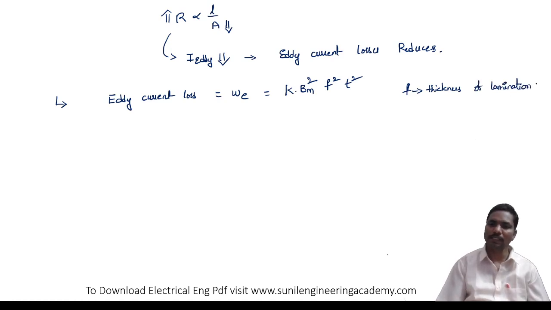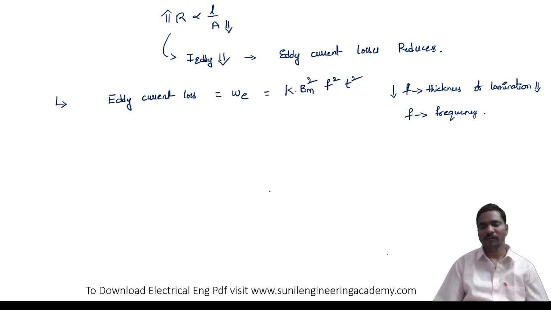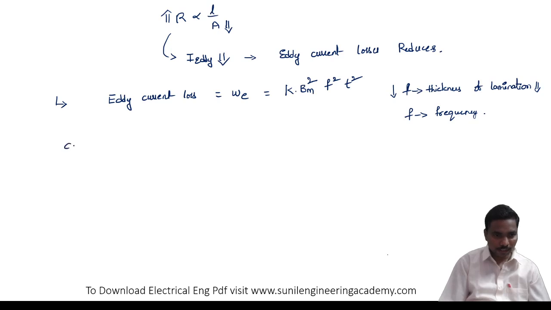If thickness is less, eddy current losses will be less. F is the frequency of the supply. B max you know very well, maximum flux density. K is a constant. So here let us take case 1, same as previous.